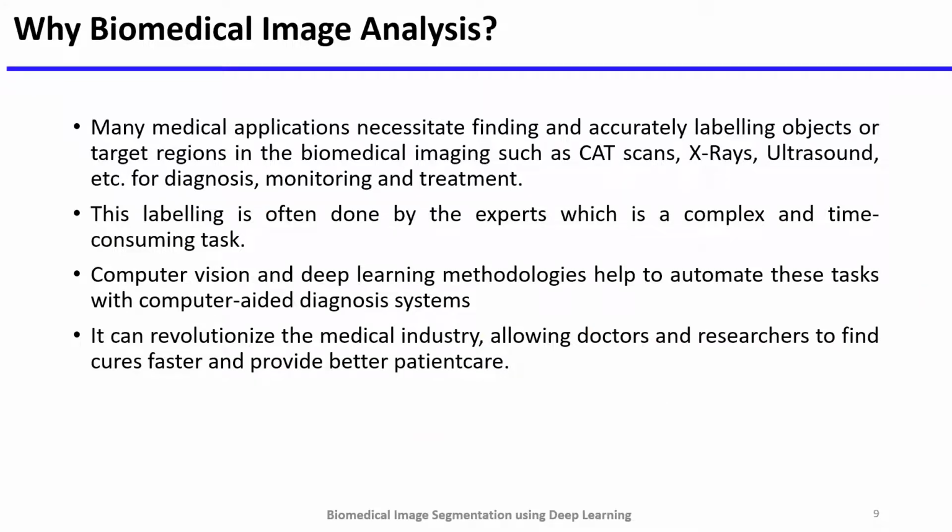Let us understand why biomedical image analysis is important. There are many medical applications that need accurate labeled objects or target regions, especially in the case of CAT scans, X-rays, and ultrasounds, so that it can help the diagnosis, monitoring, and treatment process. This labeling is usually done manually by experts, which is a time consuming as well as complex task.